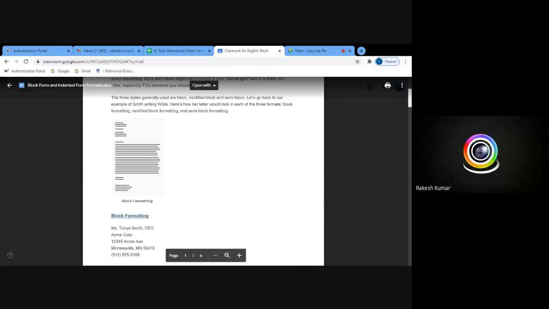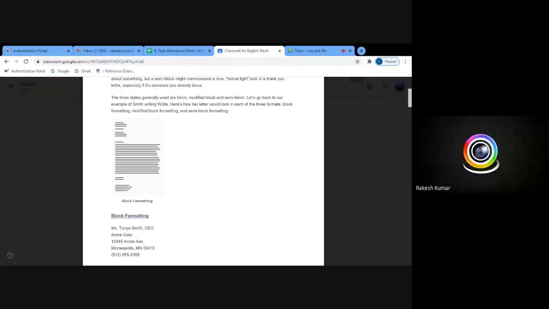So, the block format we were discussing. Block format means everything is aligned at the left hand side, and information should be written that way. So now you know professionally that these are the parts of a letter, and this is my format.